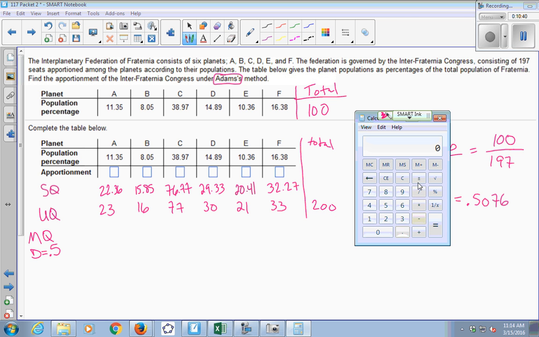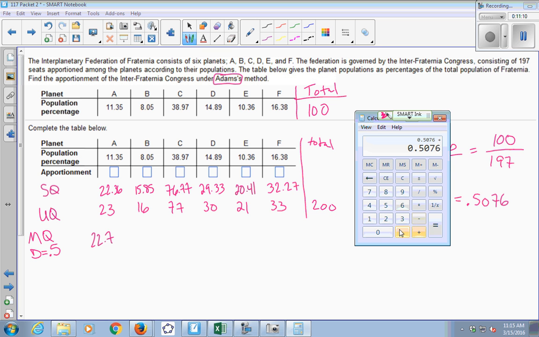So 11.35 divided by 1/2, 22.7. Oh wait, no, I wanted to make it bigger, right? I wanted to make my divisor bigger, not smaller. 0.5076.